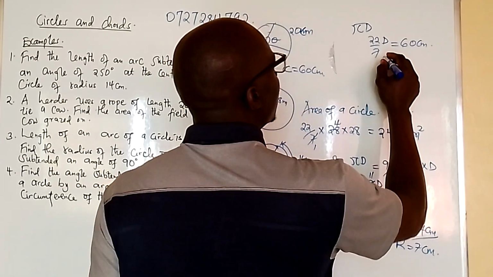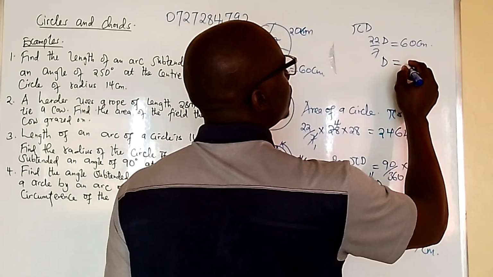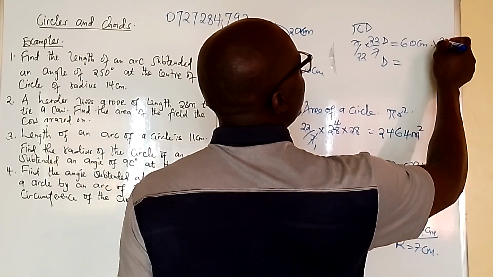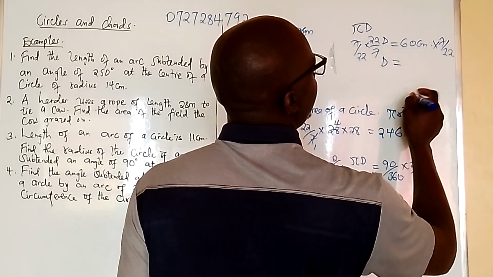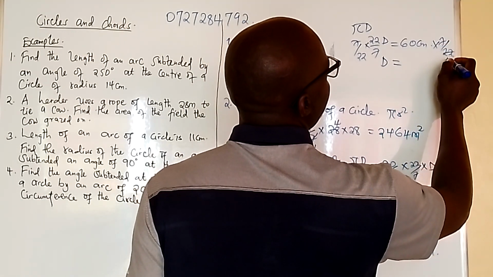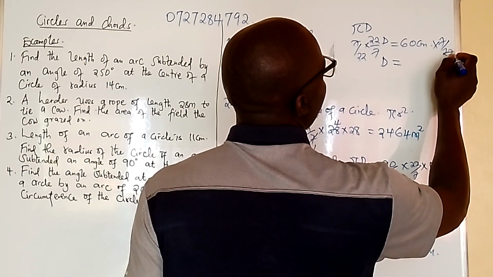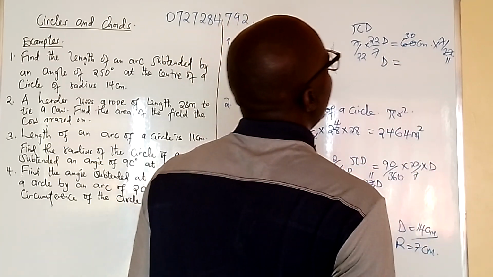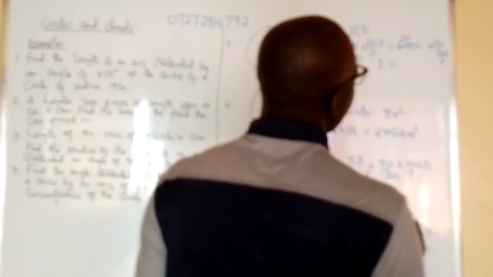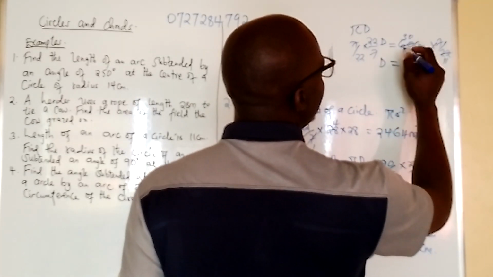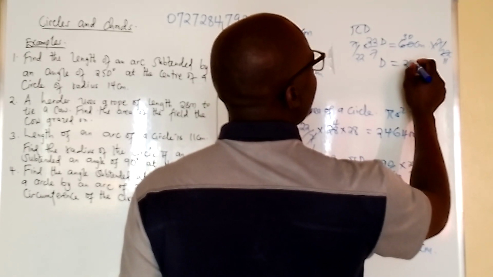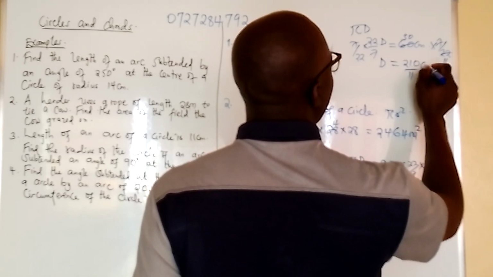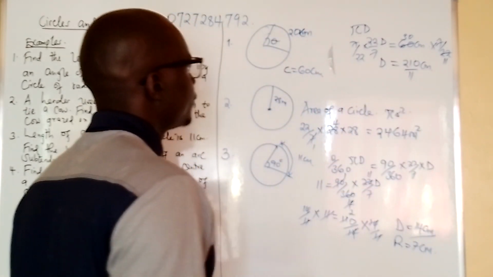So, therefore, multiply both sides by the reciprocal, so that our d, 11 goes here, 2 goes here 11 times, 2 goes here 30. Are we together? So the answer becomes 210 over 11 centimeters. That is our d.